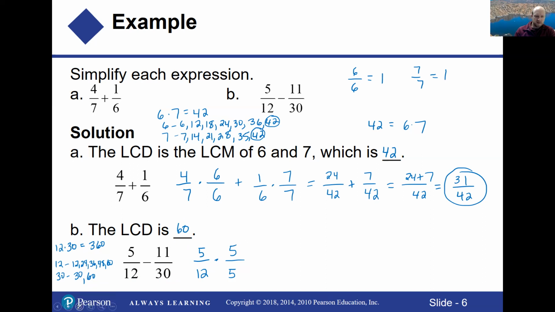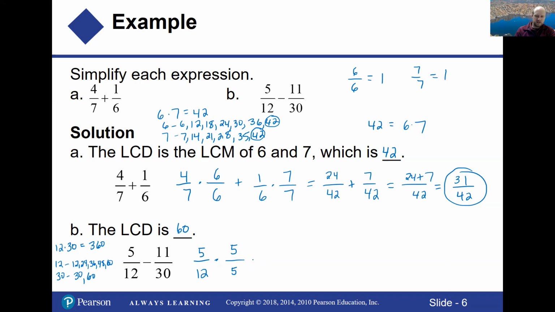I need to multiply 5/12 to get a common denominator of 60 with 11/30. I need to multiply 12 by something to get to 60, and that is 5. And I do the same thing on top as what I did on the bottom, because I know 5 over 5 is just 1, and that's not really changing 5/12 at all.